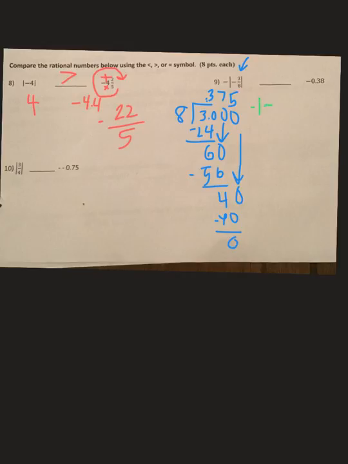Now I'm going to put the number that we got, 375 thousandths. Okay, so when you look at it, if you're looking at inside the absolute value of -375 thousandths, the absolute value of that would be a positive 375 thousandths. But then remember, the negative on the outside of the absolute value sign is going to make your answer negative. So we are comparing negative 375 thousandths to negative 38 hundredths.